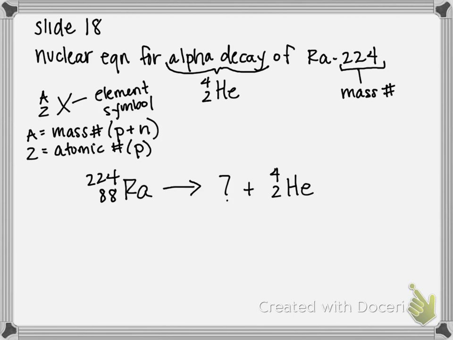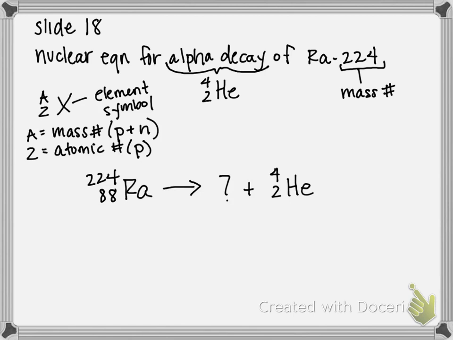For this type of problem, the top numbers on either side need to add up to the same number, and the bottom numbers on either side need to add up to the same number. So we need to have 224 mass number on our reactant side, and the two elements together on our product side also need to add up to 224. And for our atomic number, the reactant side needs to equal 88, and on our product side, these two elements together need to equal 88.